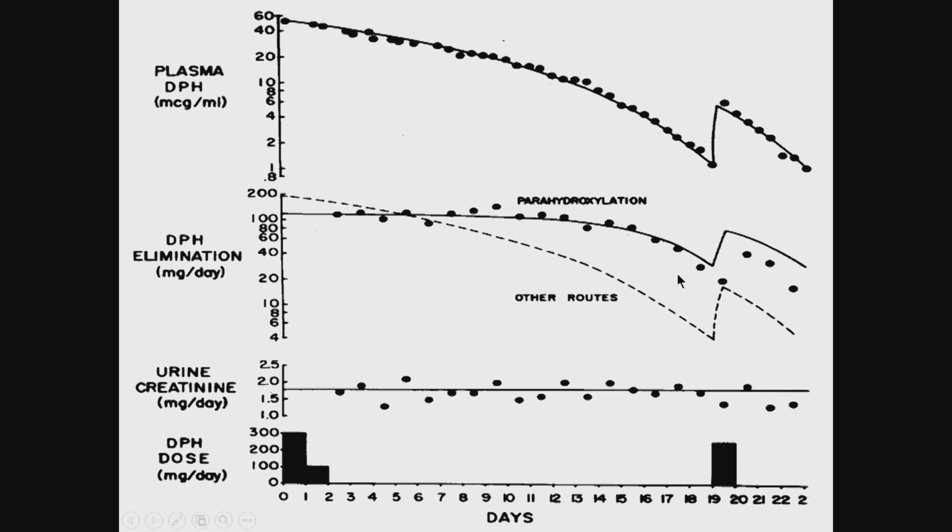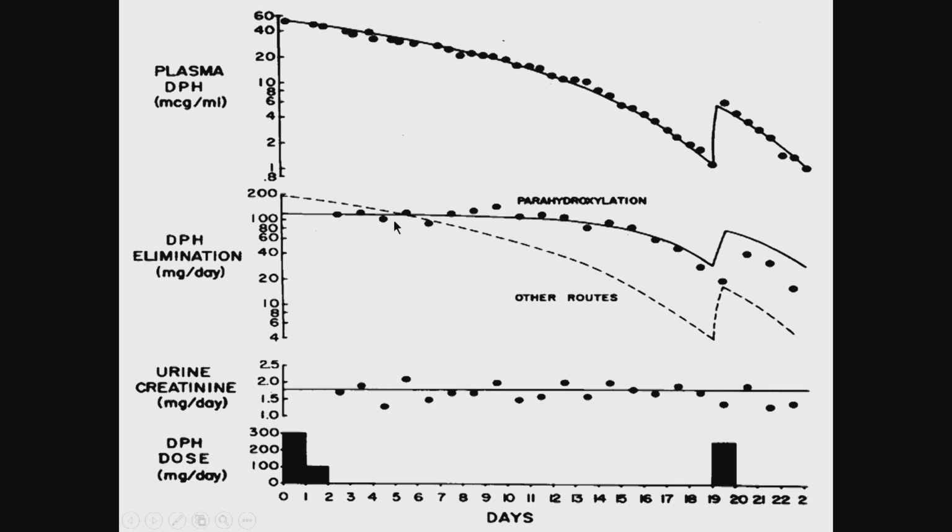What this is indicating, and of course they're measuring urine creatinine to validate their urine collections, if you will, over time. And over here they started re-administering phenytoin once again, and they see the increase in the level and then the subsequent decline of the level.